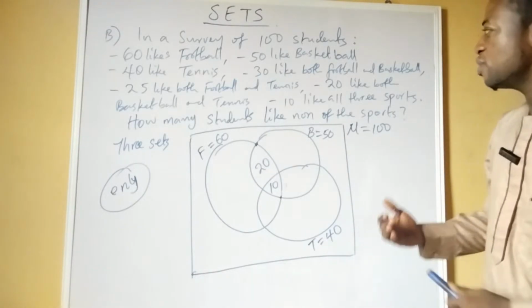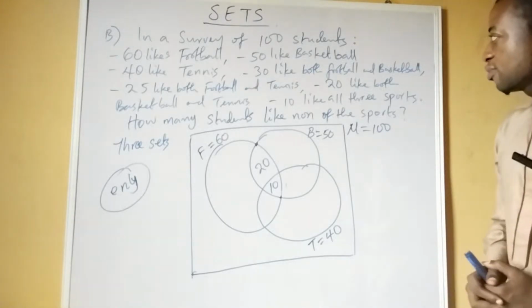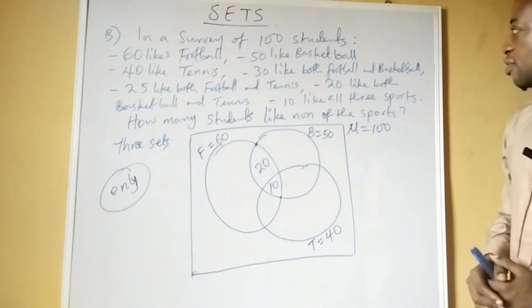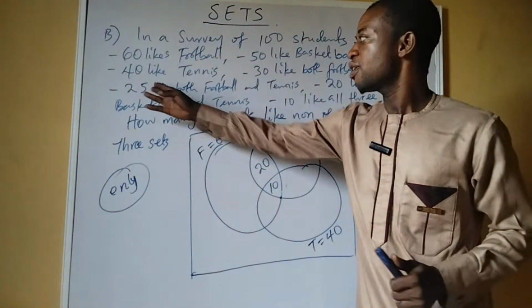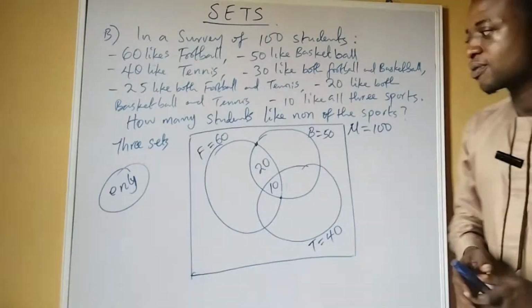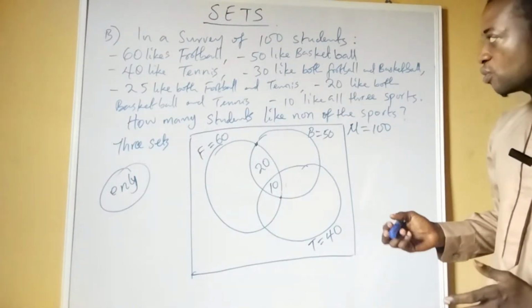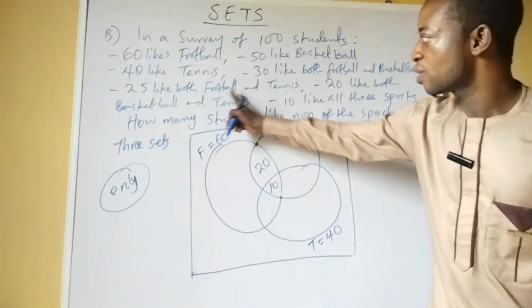Now, same thing, when we interpret further, okay? The next statement says 25 like both football and tennis. The same thing we've done, but this time around it is football and tennis.